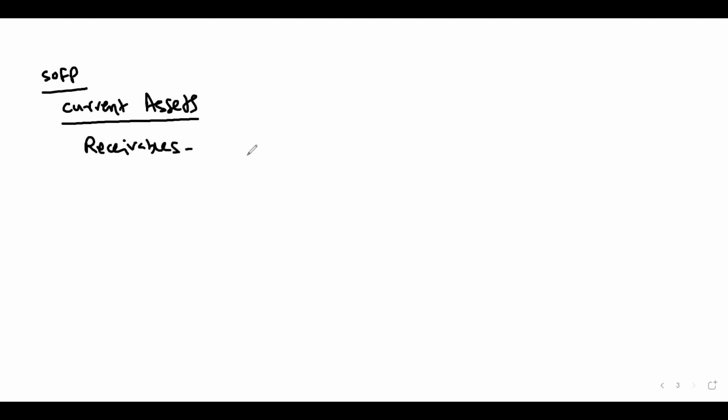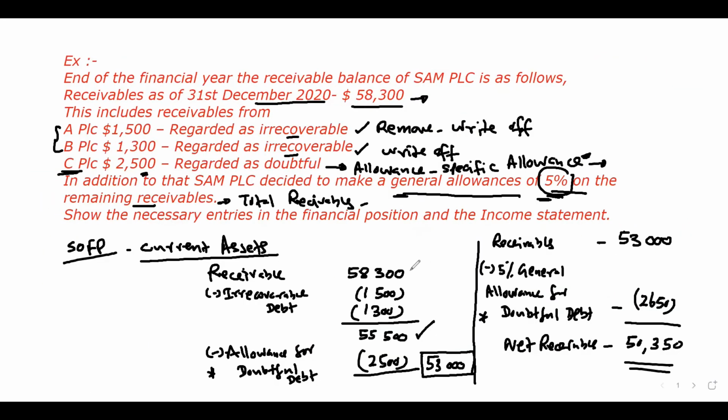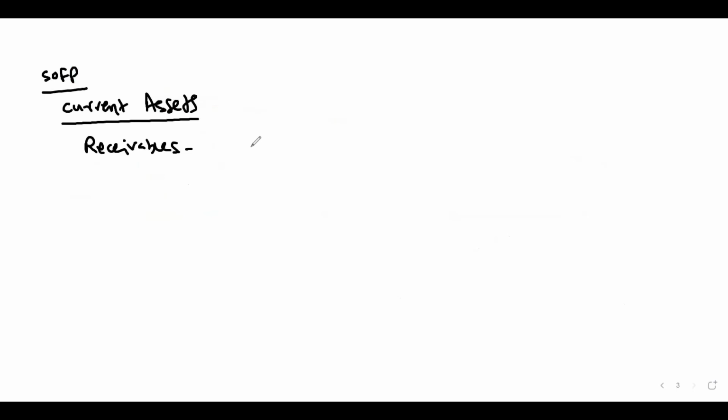In the statement of financial position, you have current assets, then we should take the receivables net of the write off, 55,500, as receivables on the face of the financial position.